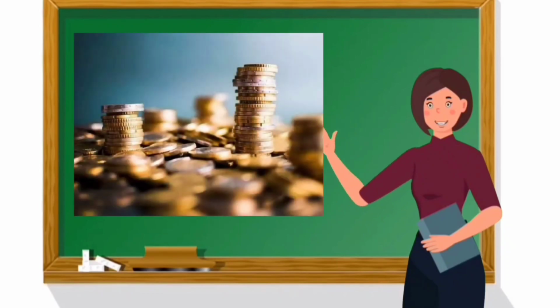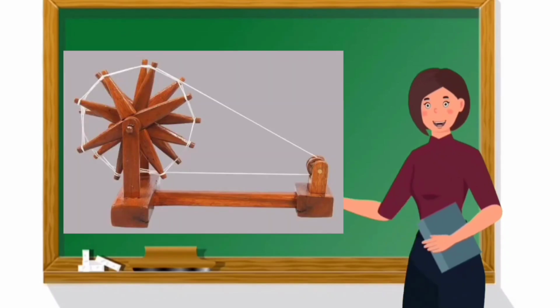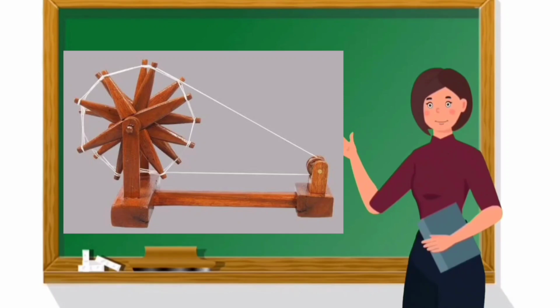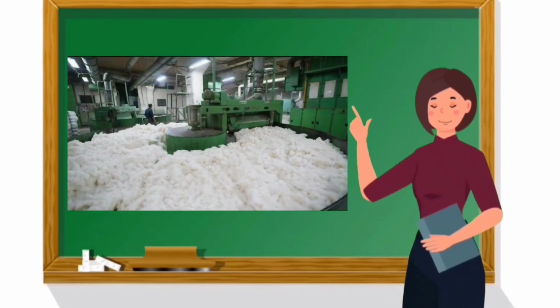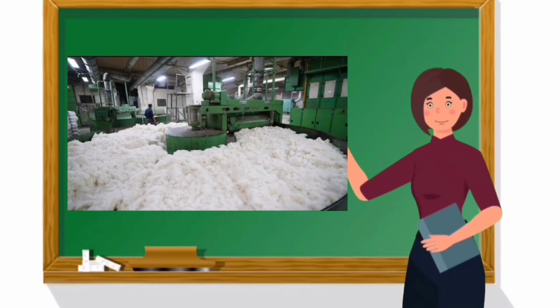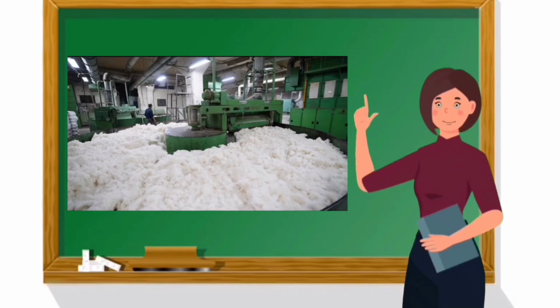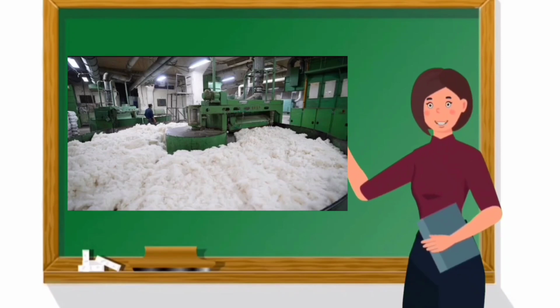But the production of hand woven cotton textile was expensive and time consuming. Hence, the traditional cotton textile industry could not face the competition from the new textile mills of the West, which produced cheap and good quality fabrics through mechanized industrial units.